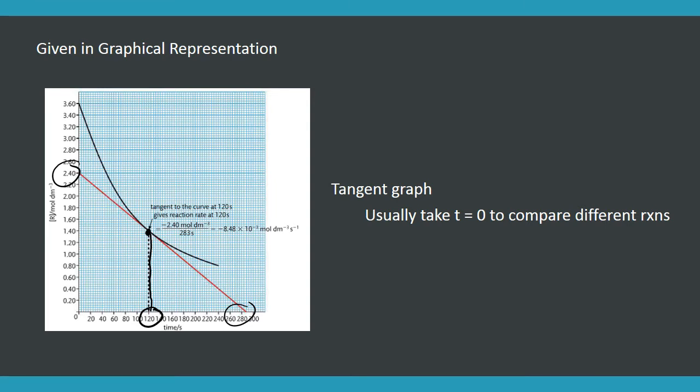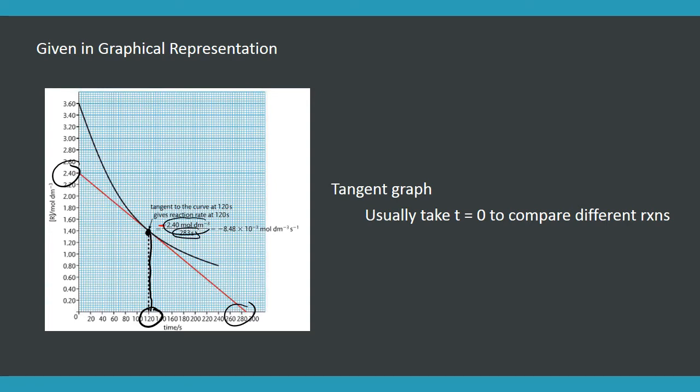And so looking at that point in time and looking at the example, we have our concentration, 2.40. If you notice, there's a negative there, right? Well, that negative is just telling us that we have a decrease in concentration. And then we have our time on the bottom, 2.83.